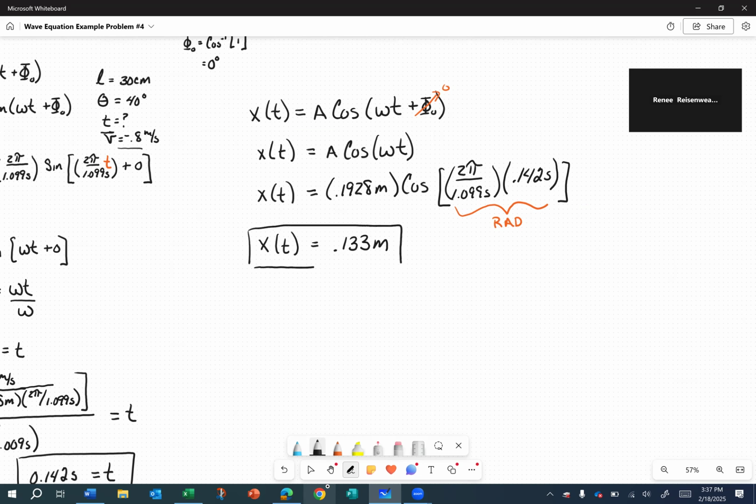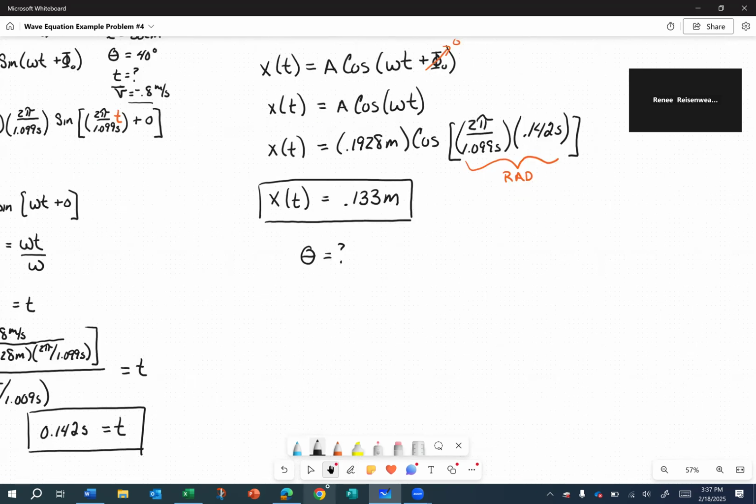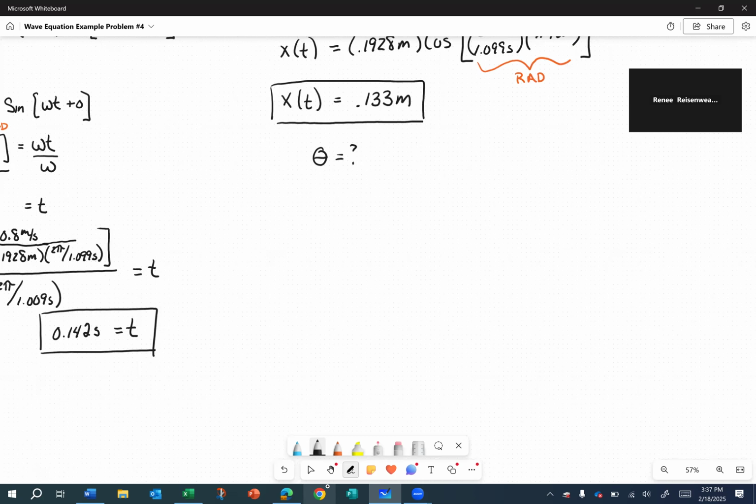Now, the question was, what is the angle away from the vertical? So now we want to go back and redraw our pendulum to say, okay, we were here. We pulled it back by 40 degrees right here. That distance here was our amplitude, and that was our 19.28 centimeters.